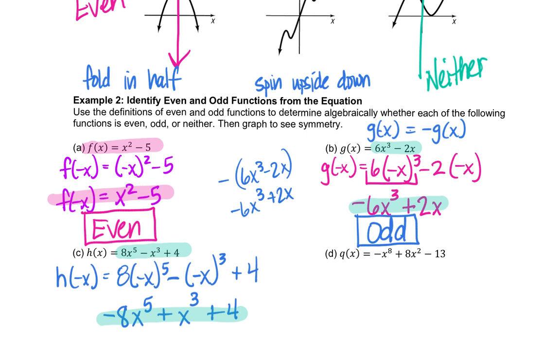Did all of the signs change? Then this one is neither. All of the signs have to change for it to be odd. If they all change but one, it's neither.